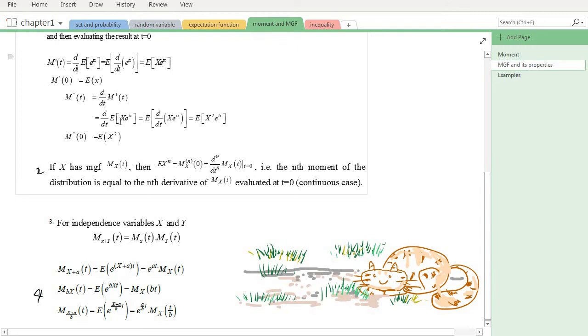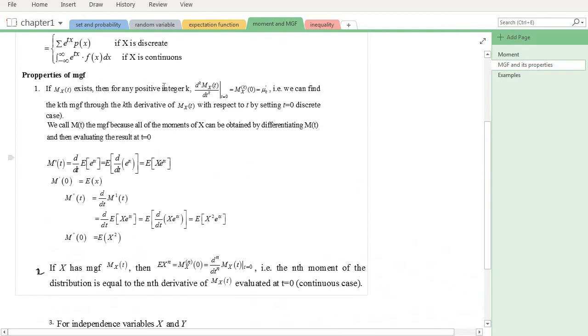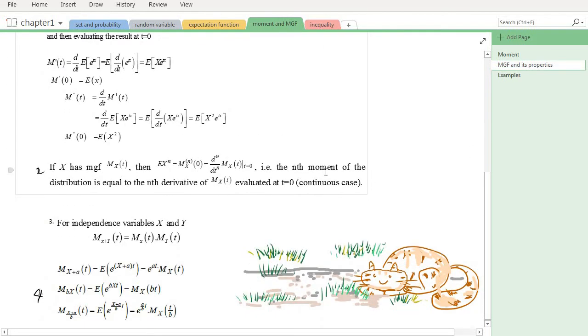And for the third moment, you have to take the third derivative by setting t equal to 0, and so forth. The same applies to the continuous case. So this is the discrete case and the continuous case as well. Then the third property says that if you have two random variables X and Y, and you want to find the moment generating function for X plus Y, it is a combination of the moment generating functions.